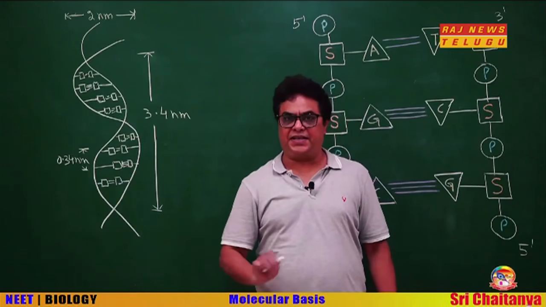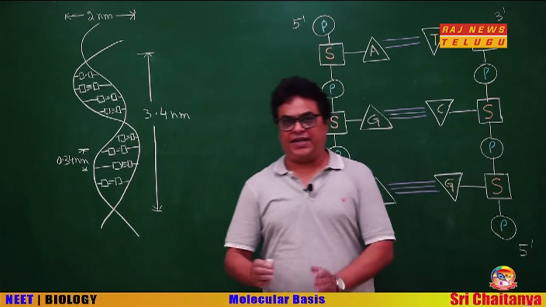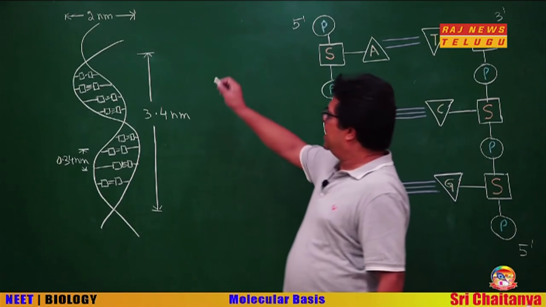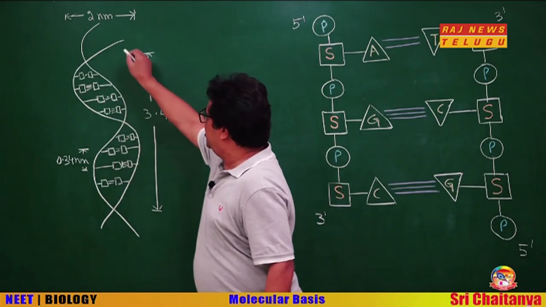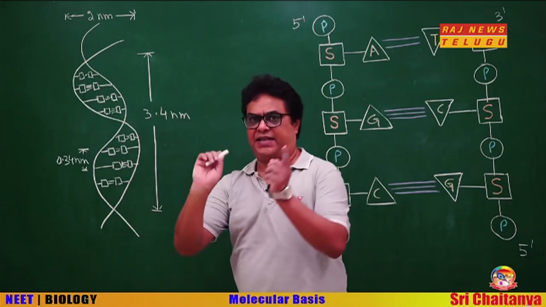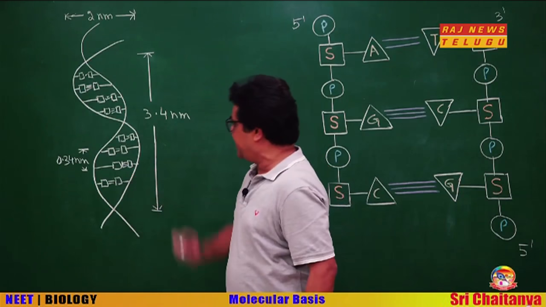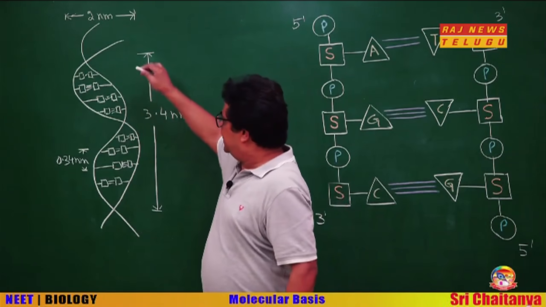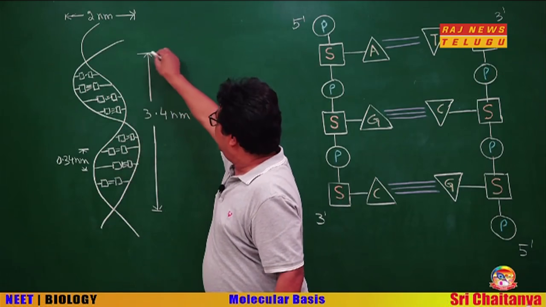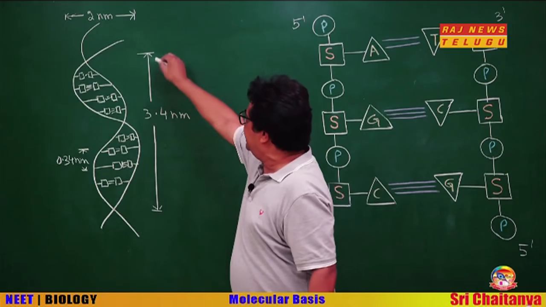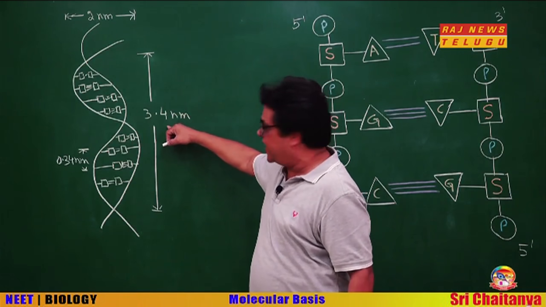Now, let us see the diagram to elucidate those points. Okay. As we said that it consists of 2 polynucleotide chains that are helically coiled, that we can see here. Okay. We said that there are base pairs in this, and the length of one complete turn or one pitch is 3.4 nanometer.